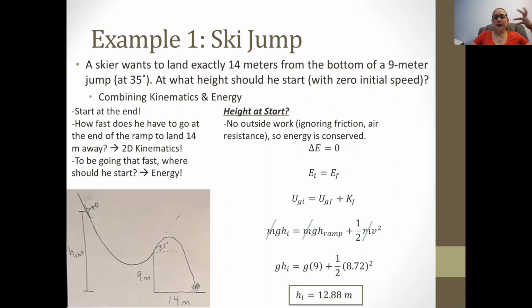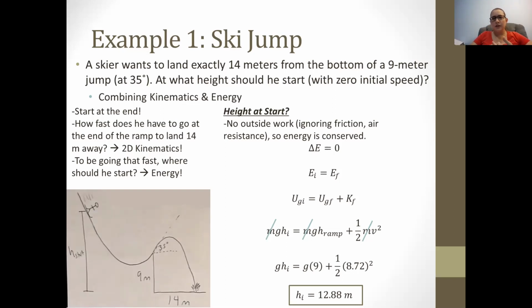Okay, so now thinking about how high he needs to be at the start, we need to ask ourselves, what kind of energy do we have at each point? So what kind of energy are we dealing with at the beginning where he's starting? And what kind of energy does he have at the bottom of the ramp? Okay, there's no outside work for us to consider.